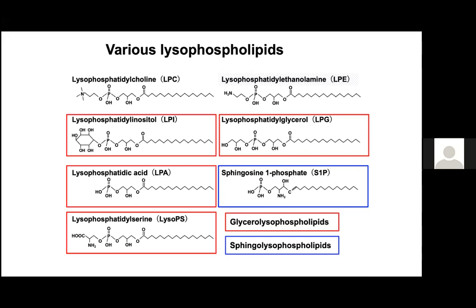Of these, LPA and S1P were the first to be analyzed as lysophospholipid mediators. Of course, S1P is a sphingolipid and is not a glycerophospholipid, so I will focus on glycerolysophospholipids. In the past two decades, several GPCRs have been reported to respond specifically to LPA, S1P, lysoPS, lysoPI, lysoPG, and lysophosphatidylglucoside.